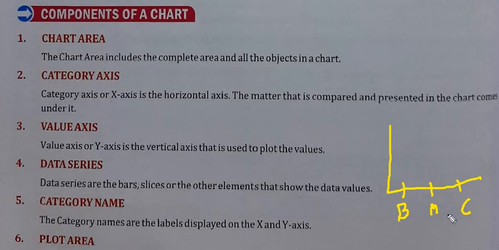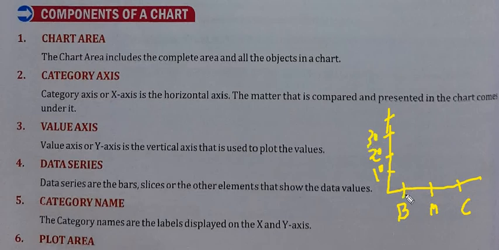So these are the different categories: biscuit, mixture, chocolates, different things I am writing. And in this y-axis I am writing here 10, here 20, here 30, like this.